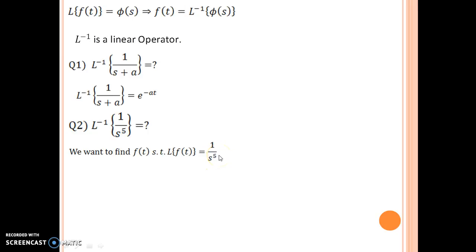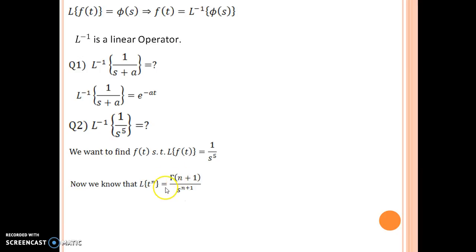From our formula list we are aware that Laplace of t to the power n is gamma n plus 1 upon s to the power n plus 1.